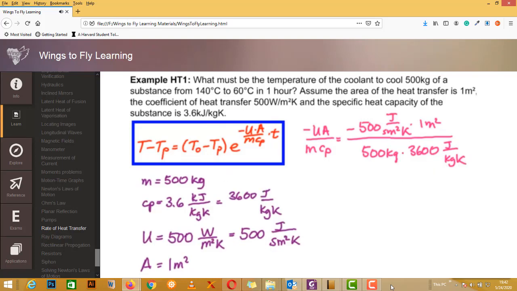So what cancels here? 500 with 500 cancels, joules with joules cancels, meter squared, meter squared. This Kelvin is on the bottom, that Kelvin is on the bottom. So we have this Kelvin with this Kelvin, and kilograms with kilograms. So we are left with minus, and I see 1 over seconds on the top, and 3,600 here. So what we have is minus 1 over 3,600 seconds.